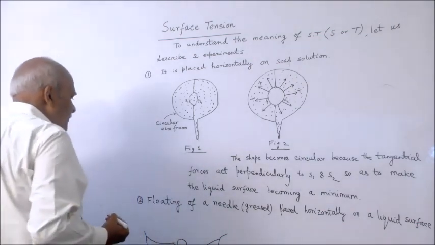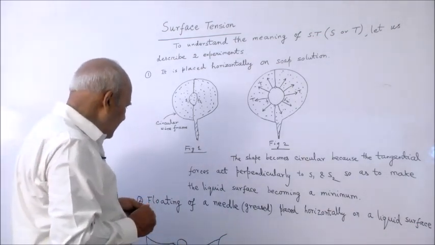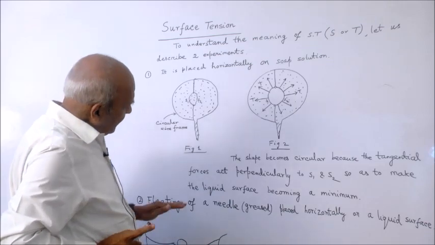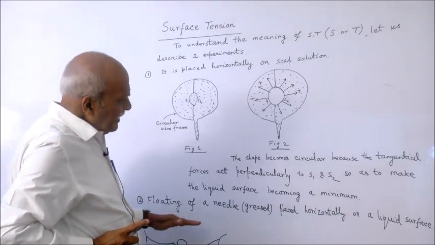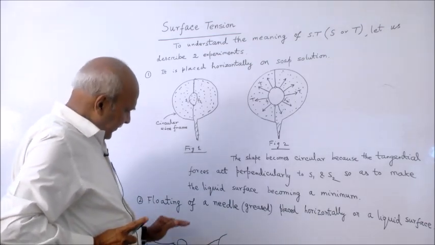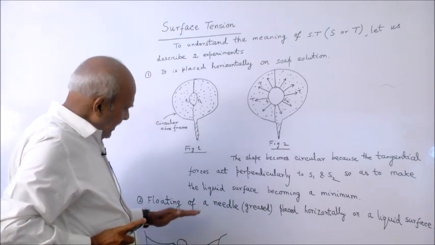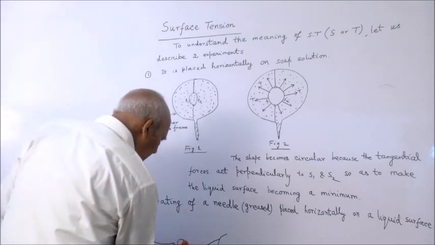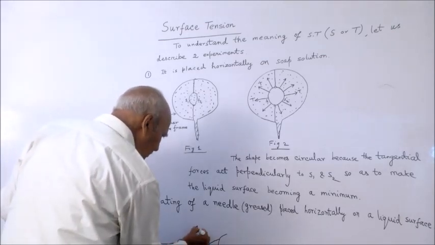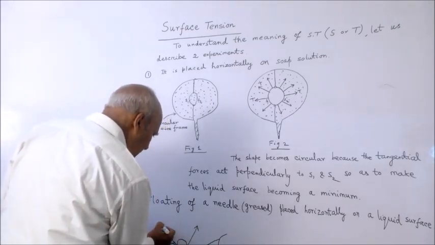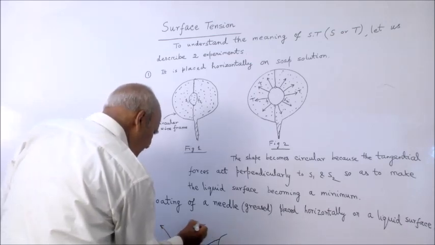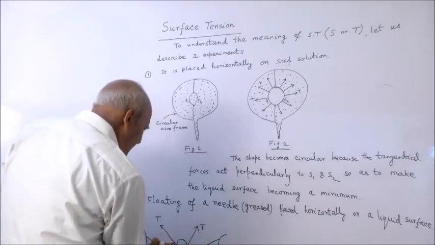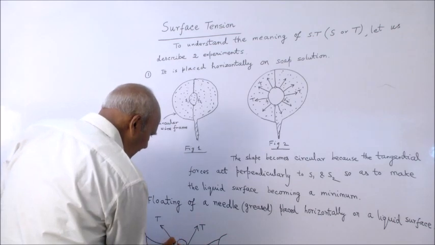Just where the needle is placed, the stressed membrane gets depressed. So, the liquid surface gets depressed at that place. As a result, there will be surface tension forces acting tangentially at the point of contact.